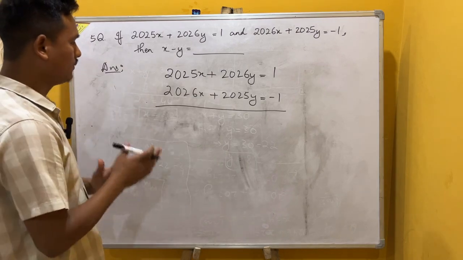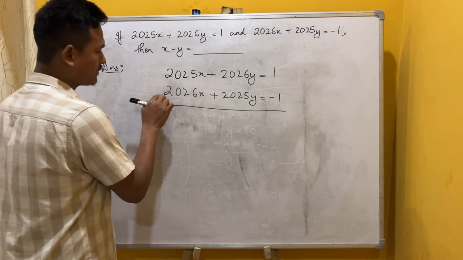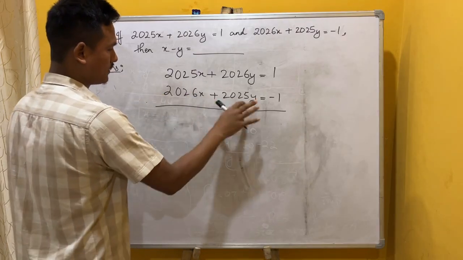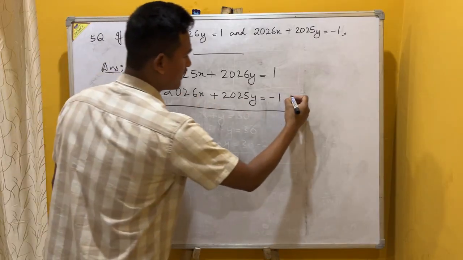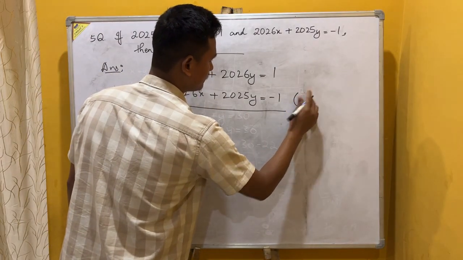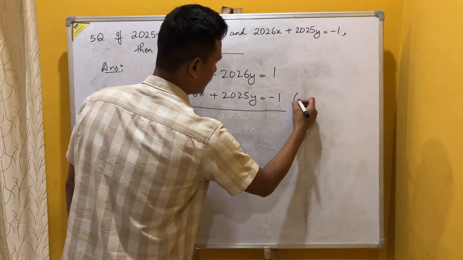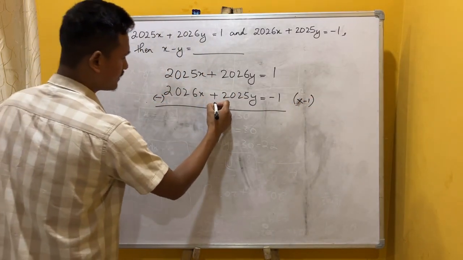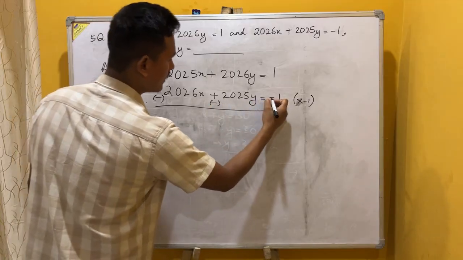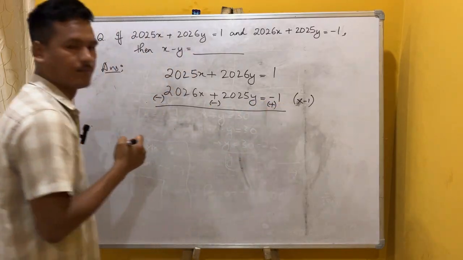I would rather change the sign of the lower equation. I will multiply this equation by minus 1. Then this entire equation becomes negative for this one, negative for this, and positive for this.